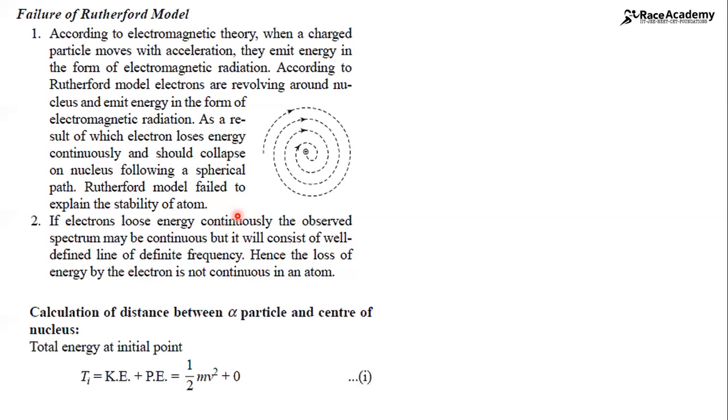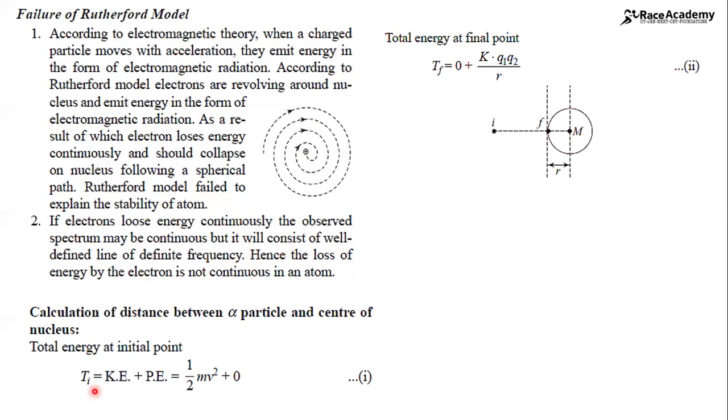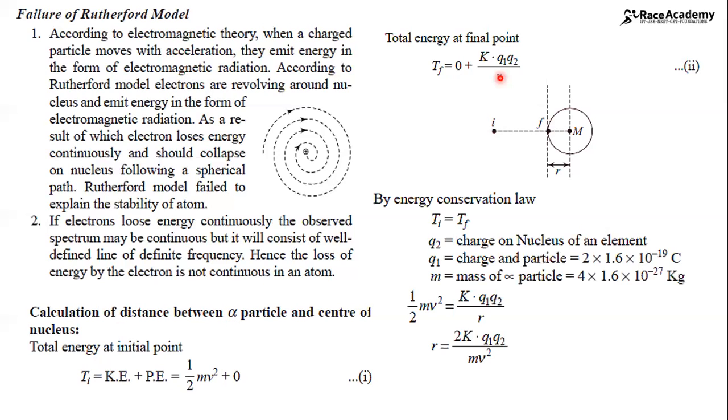For that, the calculation of the distance from the alpha particle to the center of the nucleus is given, with the total energy at the initial point. This is the initial point. This is the final point. Energy calculation: kinetic energy is half m v square, potential energy is 0 at the initial point, but kinetic energy becomes 0 at the final point, and potential energy becomes k q1 q2 by r. Both are actually equal.